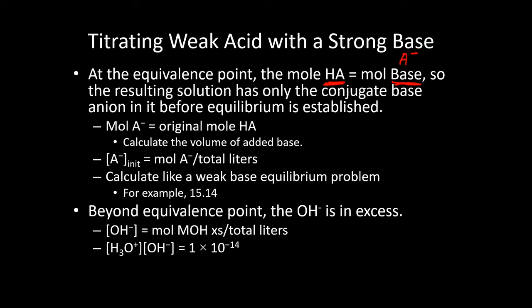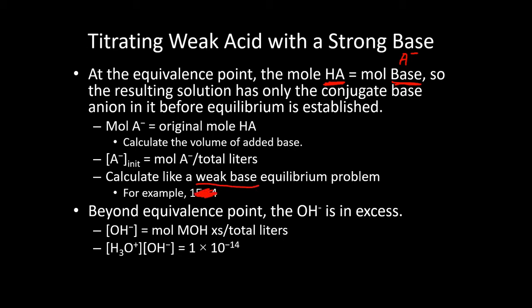So, because we know exactly how much of the weak base is present, and we know the concentration of that because we've been keeping track of how many mLs of base we've been adding, we are going to treat the solution at the equivalence point like a weak base equilibrium.